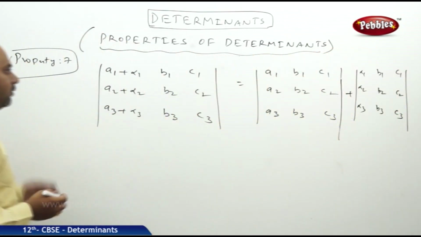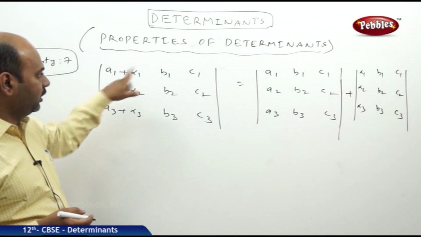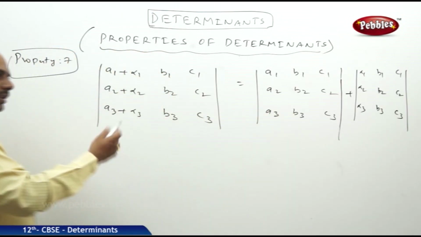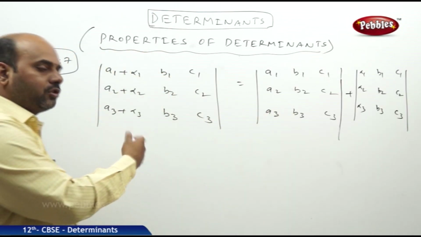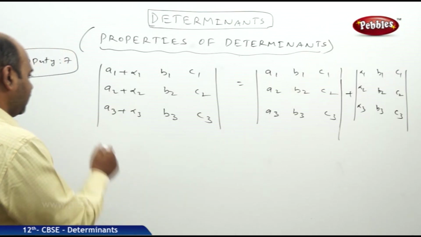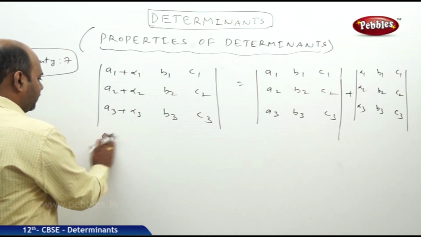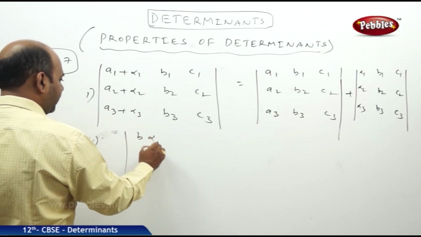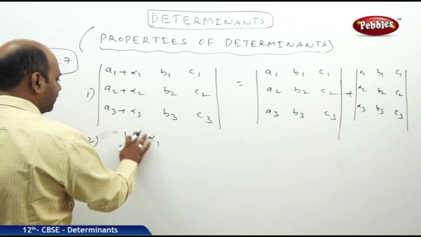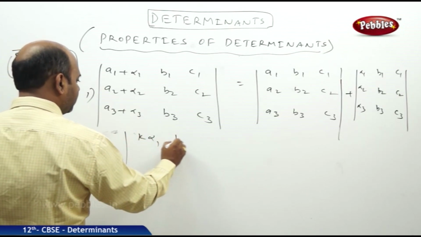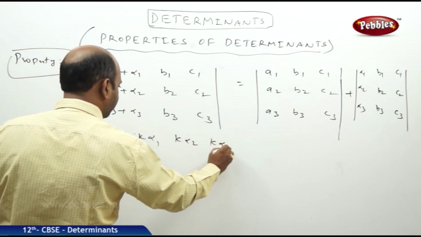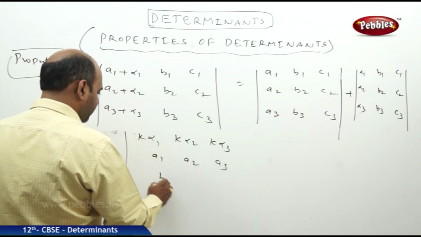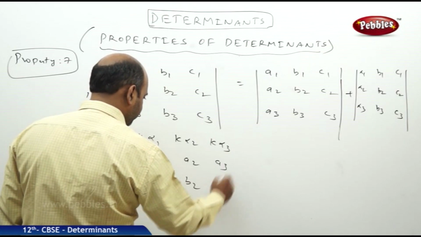While doing problems, sometimes we can split a determinant into 2 determinants, and if you calculate, LHS will be equal to RHS. Sometimes you may get it like this: K alpha 1, K alpha 2, K alpha 3, and A1, A2, A3, B1, B2, B3.